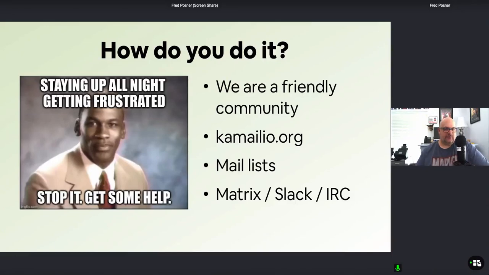And so we have a dev list for that. We also have IRC, which hasn't been as active lately. There's a Slack room for Kamailio, and we also have a Matrix node, and we're friendly. We're looking to help as many people with this.